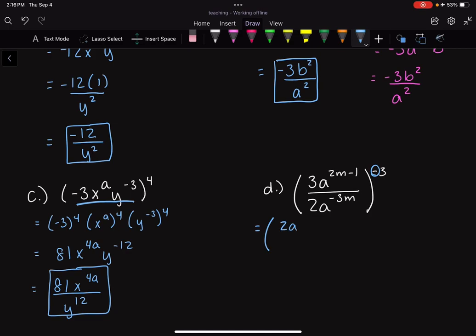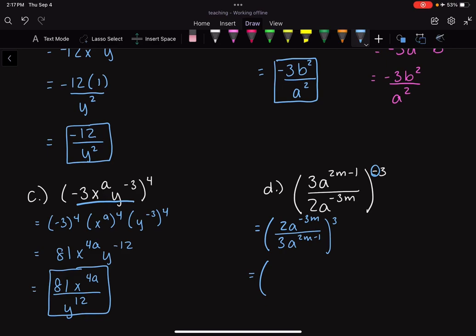So that would be 2a to the negative 3m over 3a to the 2m minus 1, and this is still all to the third power. It's just I got rid of the negative by flipping everything. Now I'll go ahead and distribute that 3.